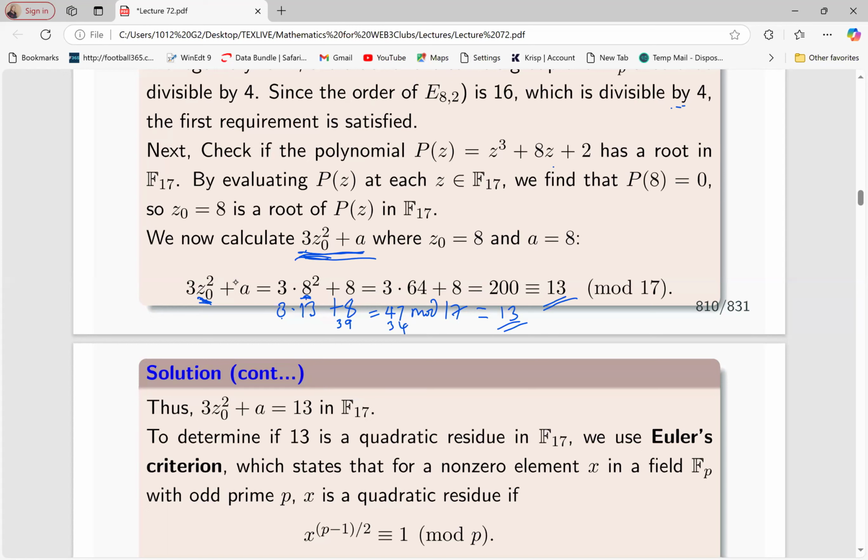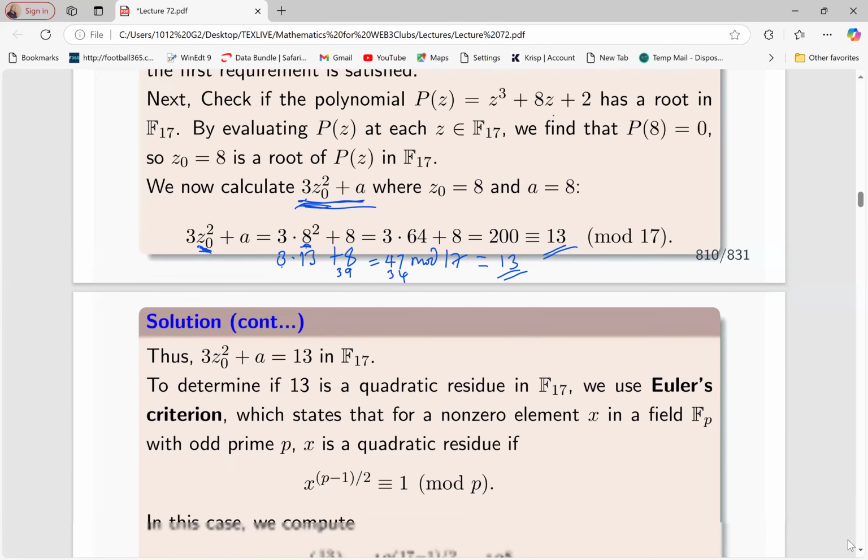Now, the question is, is this 13 a square? In other words, does it have a square root? You don't need to get the square root at this point. We are not asking even for the square root at this point. Just asking, does it have a square root? Of course, you'll require to get the square root later.